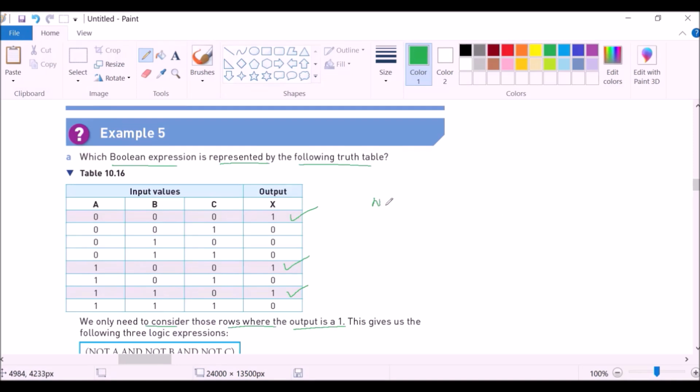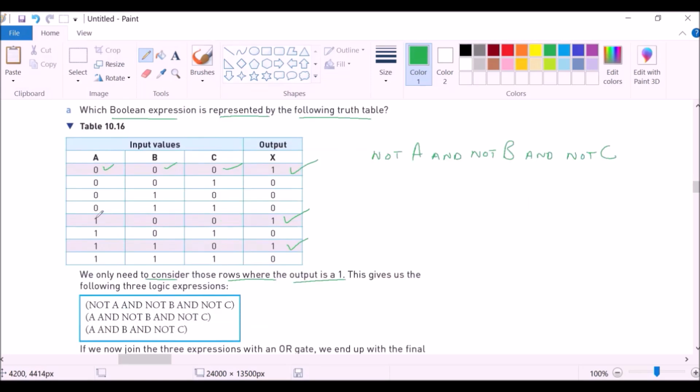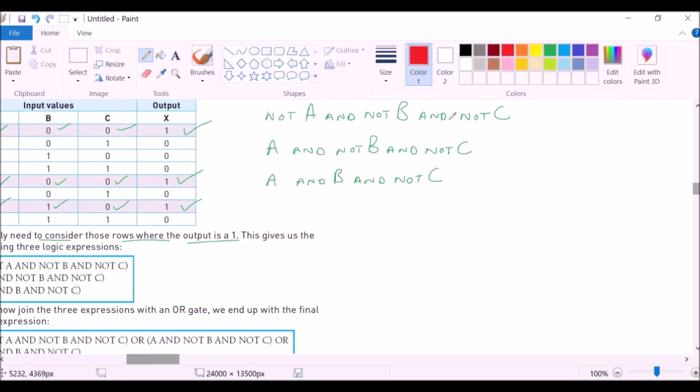We have not A and not B and not C. Then we have A and not B and not C. Then we have A and B and not C. So this or that will give us a high, a 1. So we join these with an OR expression.